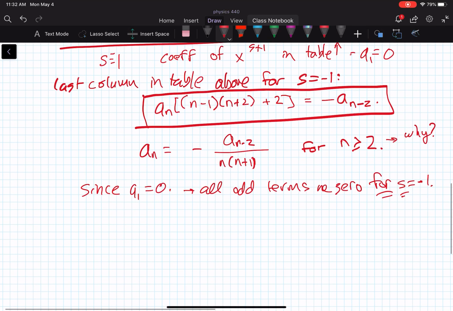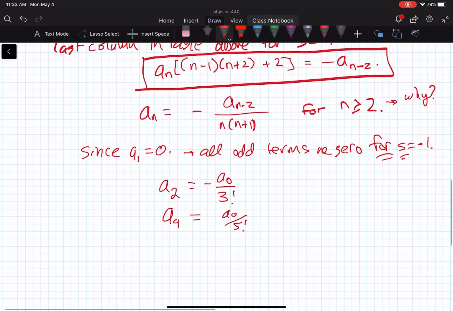So for even a's, we start plugging in values. A sub 2 is equal to minus a naught over 3 factorial. A sub 4 is equal to a naught over 5 factorial. A sub 6 is equal to minus a naught over 7 factorial, and so on.